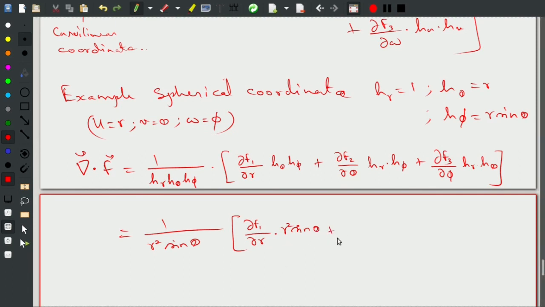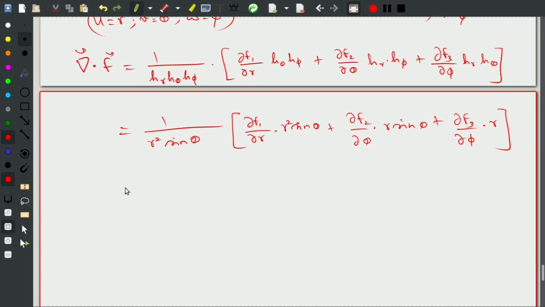Plus dou f2 by dou theta of, with h r equal to 1 and h phi equal to r sine theta, r sine theta. Plus dou f3 by dou phi of, with h r equal to 1 and h theta equal to r, r here.